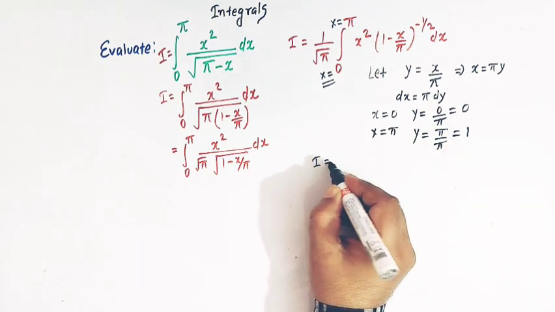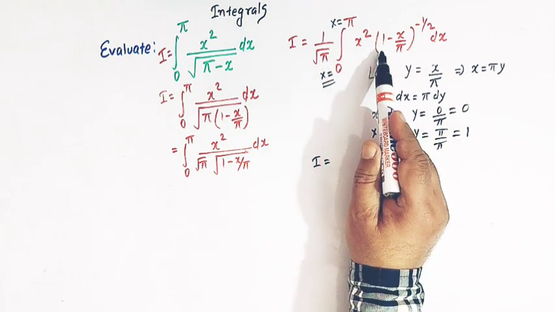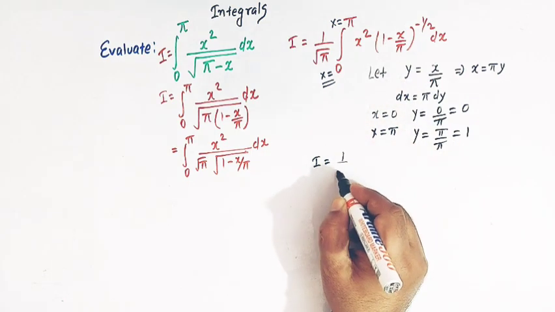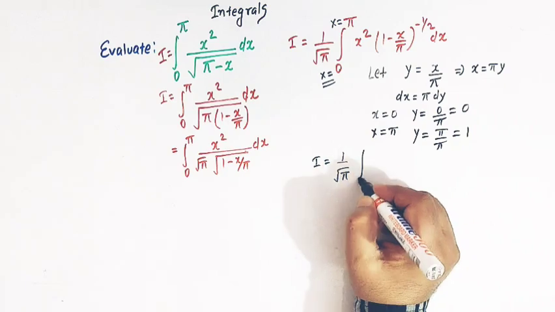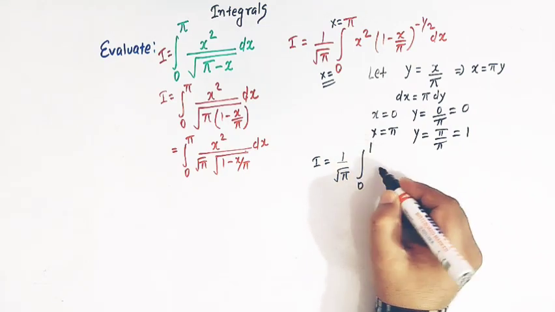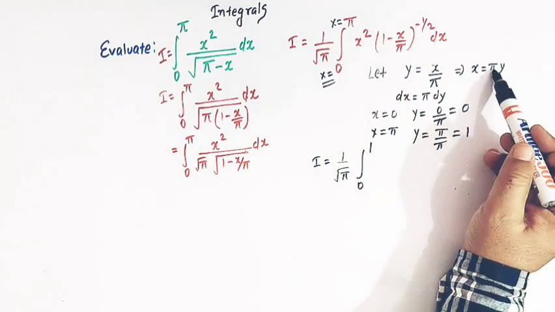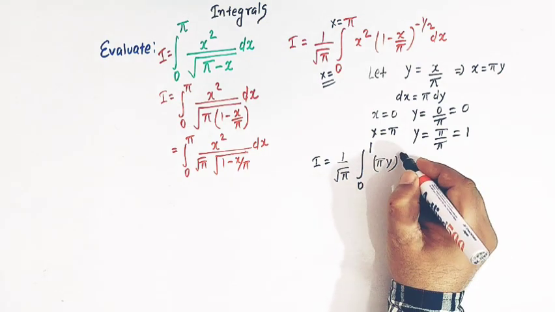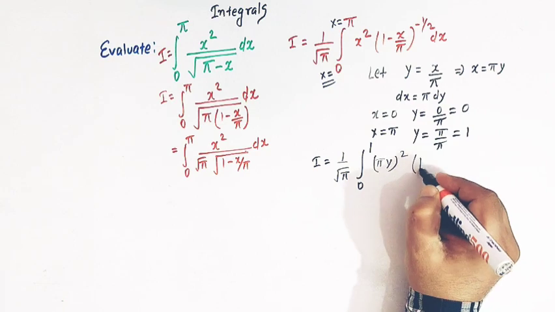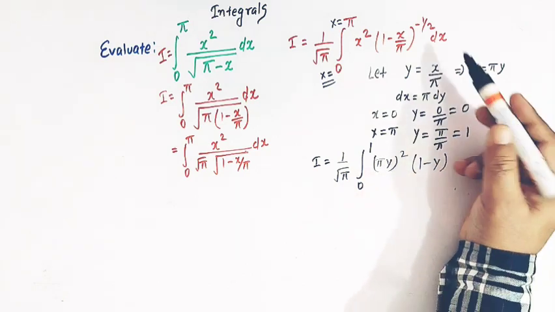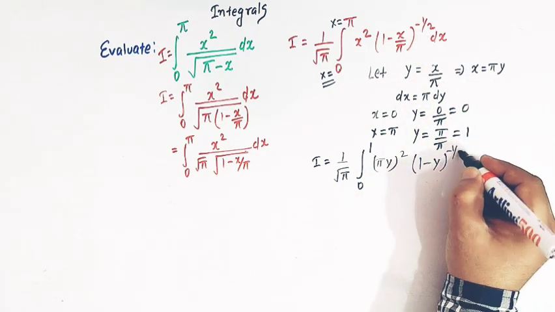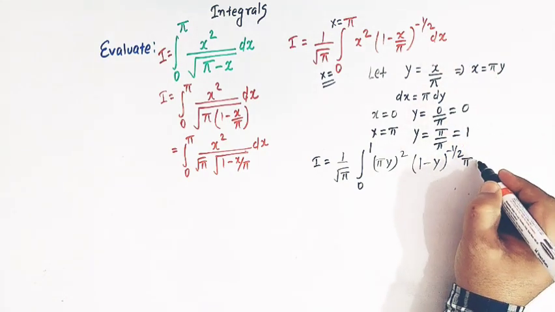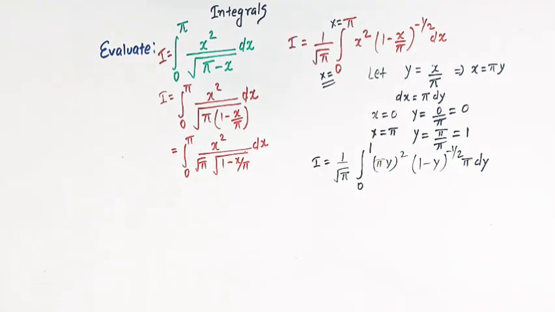So now we can rewrite this integral in terms of this variable y as 1 over square root of pi. Then we have 0 to 1, and x can be replaced by pi y. So we have (pi y) square, and then we have 1 minus y raised to minus 1 over 2, and dx can be replaced by pi dy, right?